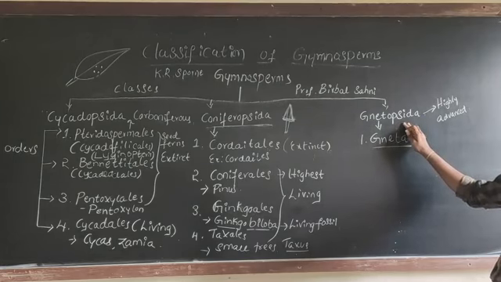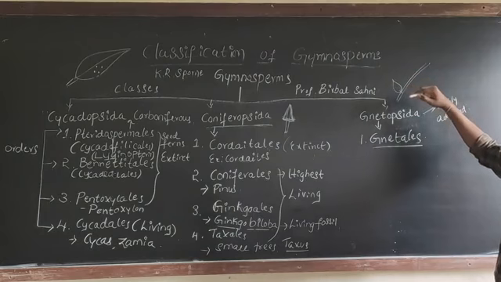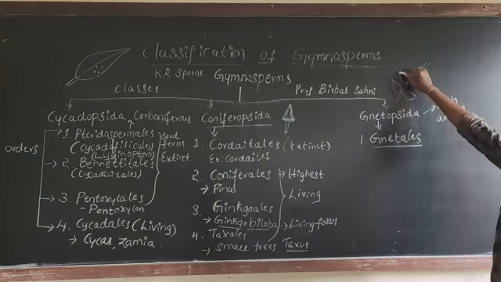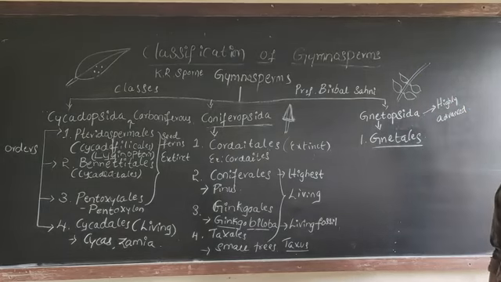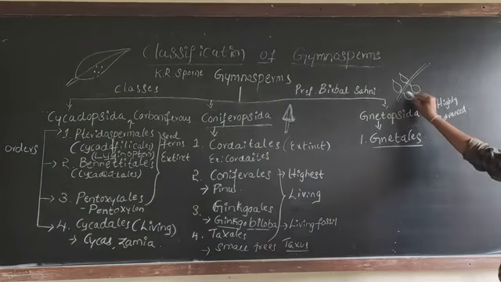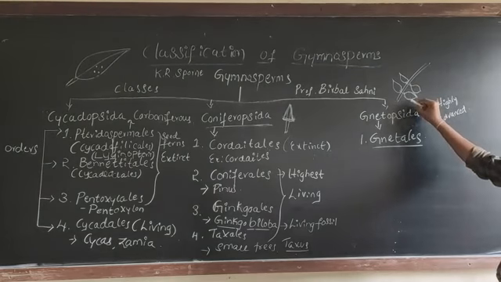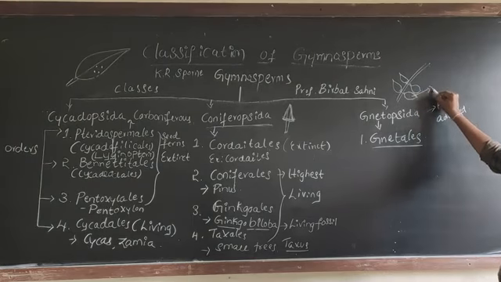Opposite phyllotaxy means, if you consider this as the stem, one leaf arises like this, and exactly opposite to it the second leaf arises. And the venation of the leaves, that is the arrangement of veins inside the leaves, shows reticulate venation.